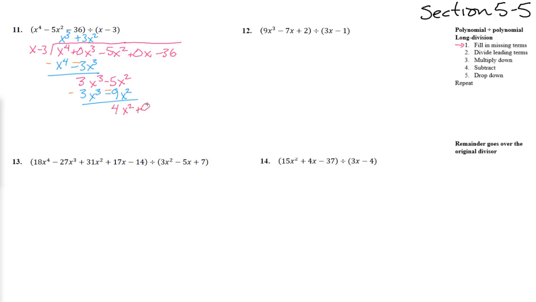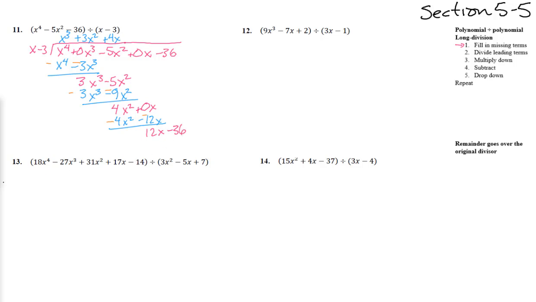Drop down the 0x. And now we have x goes into 4x squared 4x times. 4x times x is 4x squared. 4x times negative 3 is a negative 12x. And we subtract, and that gives us gone and positive 12x minus 36.